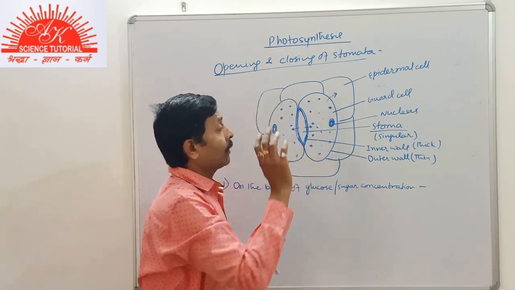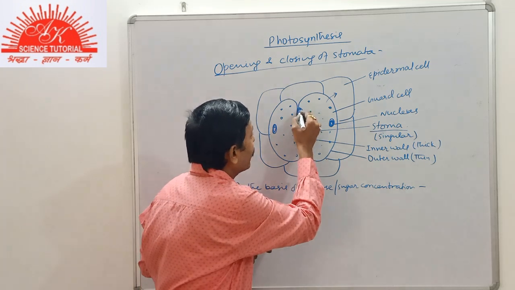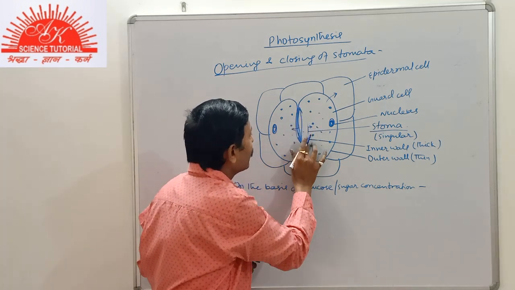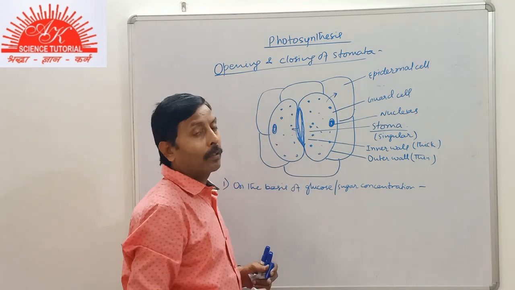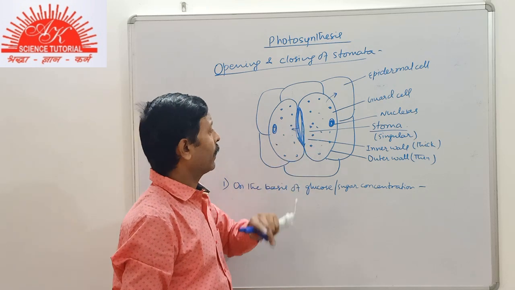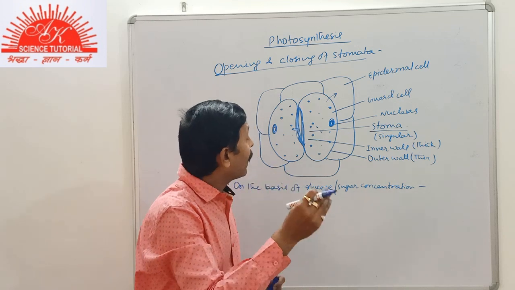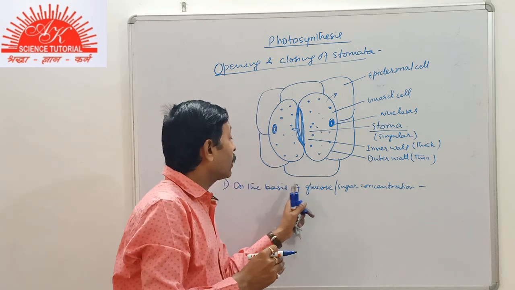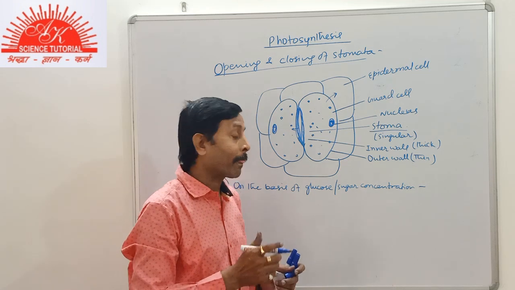The guard cells return to their normal shape and the stoma gets closed, that is this form. This is the closed stoma. Although it remains partially open, gaseous diffusion for respiration takes place through it. So this is the opening and closing of stomata on the basis of glucose or sugar concentration.